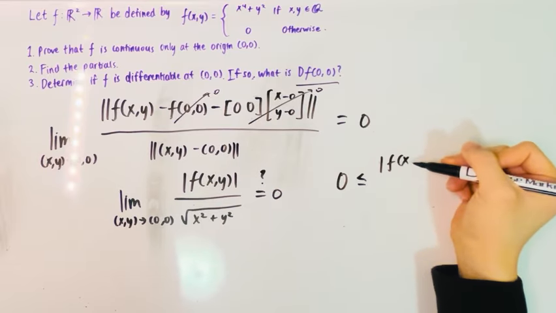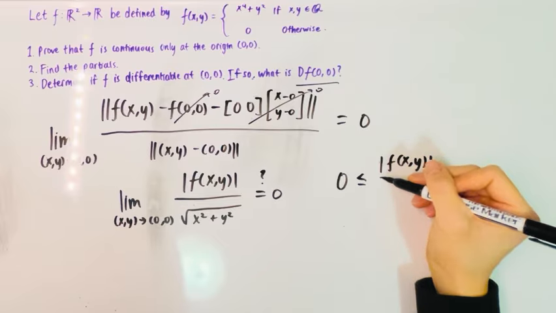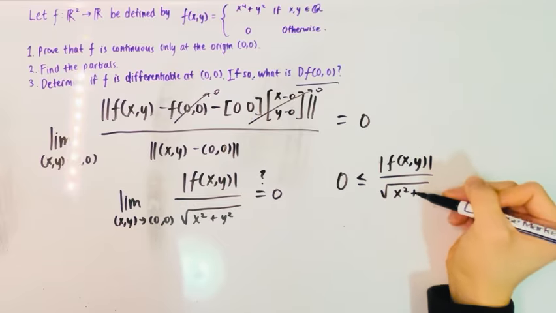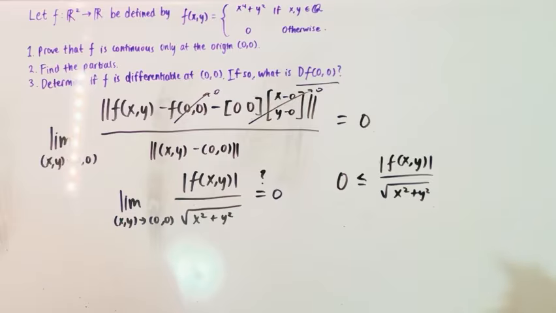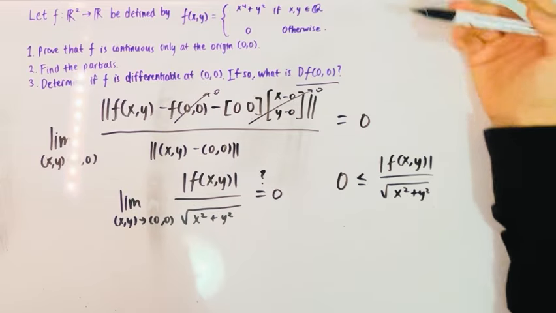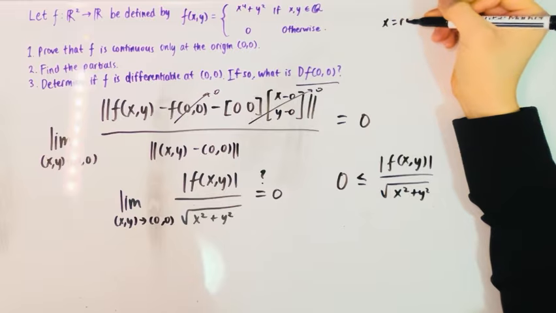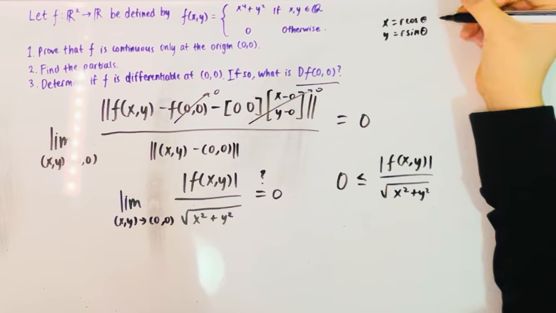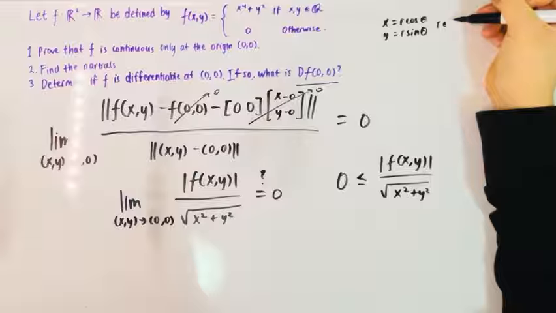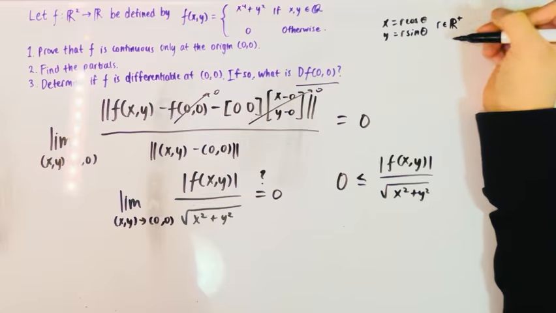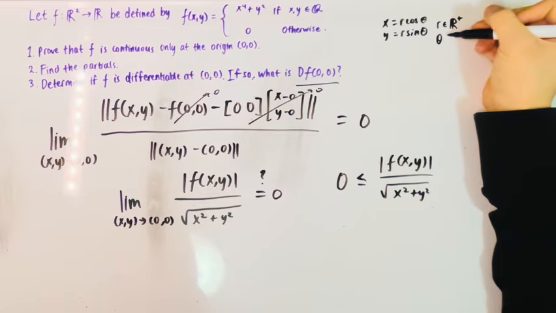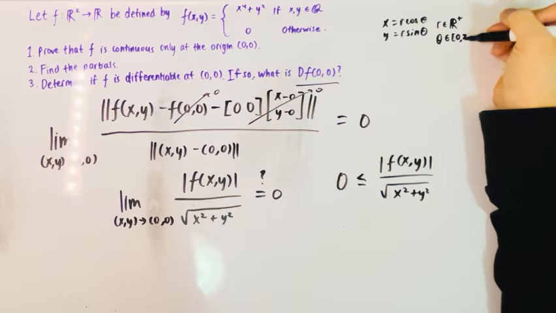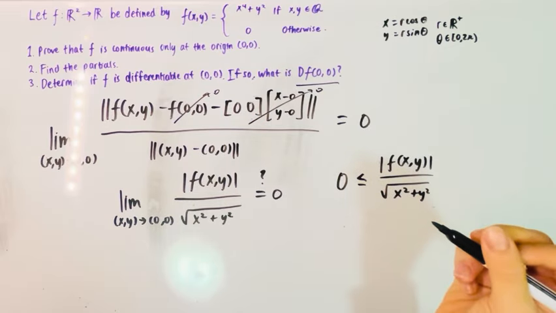As for the bound above, that's a bit trickier, but we're going to use polar coordinates for this. How are we going to use polar coordinates? Notice that we can write x equals r cosine theta, y equals r sine theta, for r in the positive reals and theta in [0, 2π).